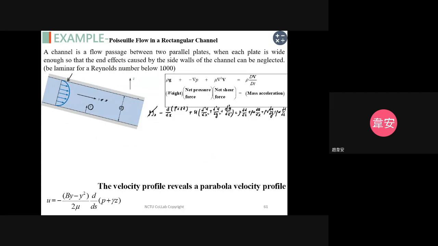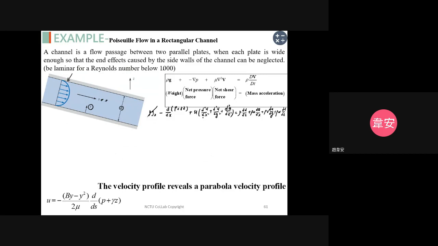So we will have the inside pressure difference. We have the pressure gradient, and u is only a function of y, and u is along the x direction.